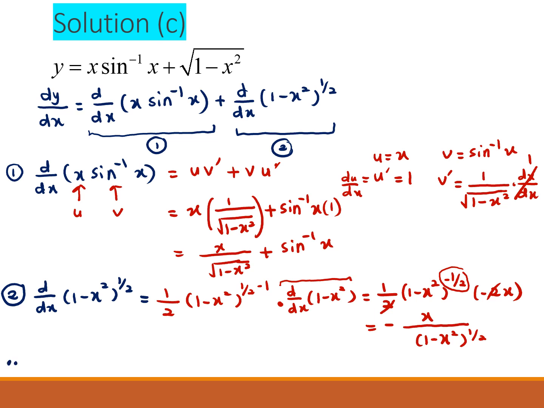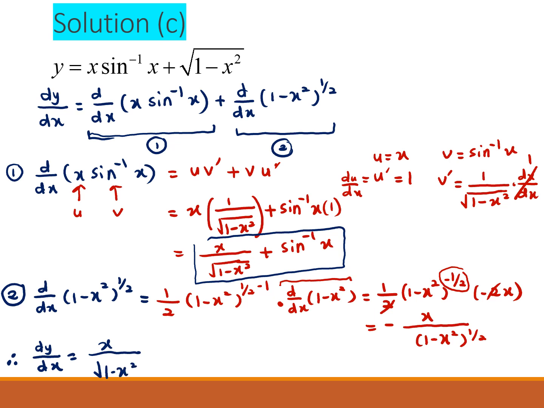Now we can combine these two terms to obtain dy over dx, where the derivative of the first term is x over the square root of 1 minus x squared plus inverse sine of x.